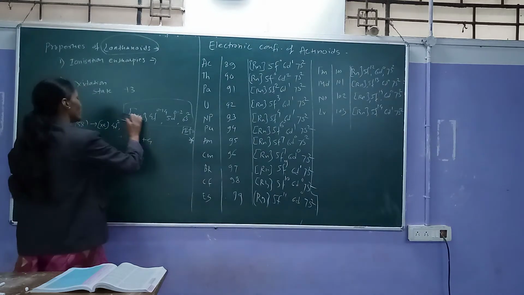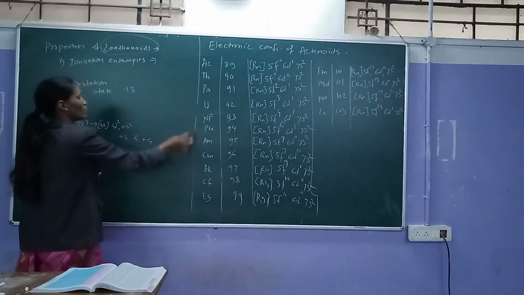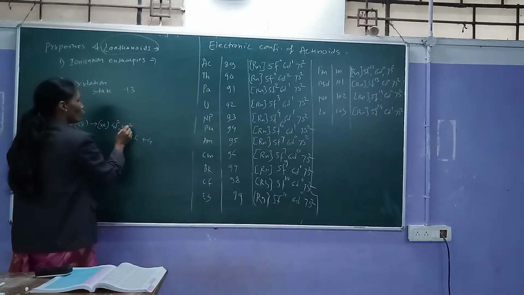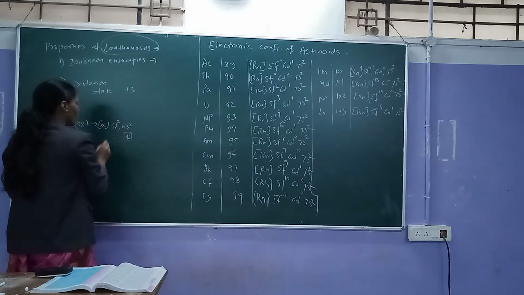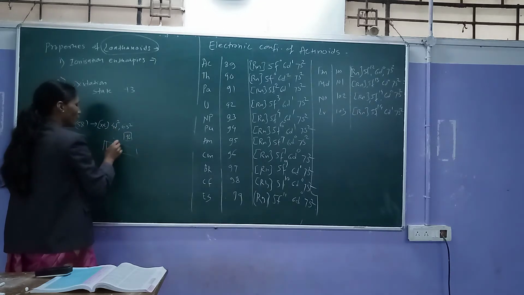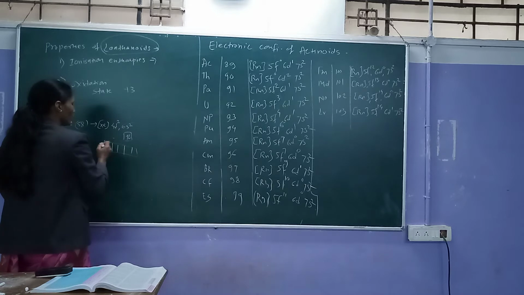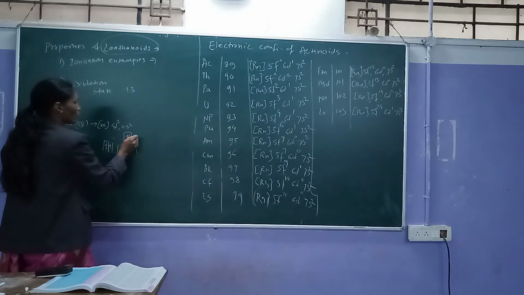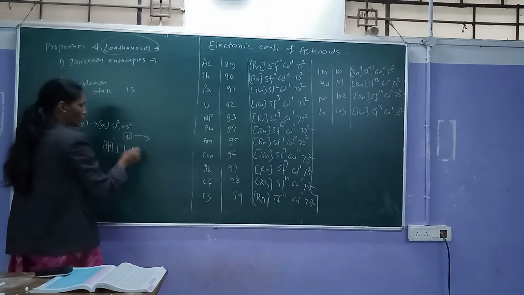From this configuration, in s there are 2 electrons. The f subshell contains 7 orbitals with 2 electrons, the first 2 orbitals containing unpaired electrons. When 2 electrons are lost simultaneously, the oxidation state is +2.